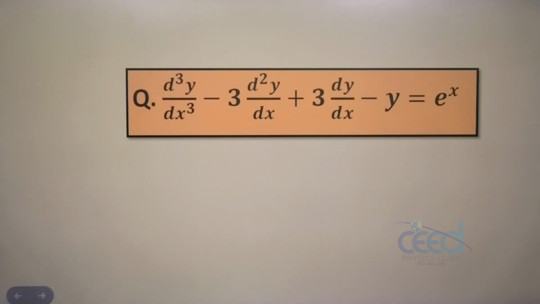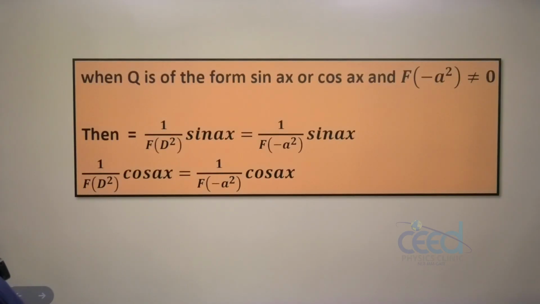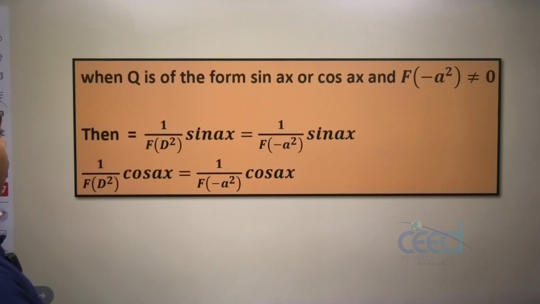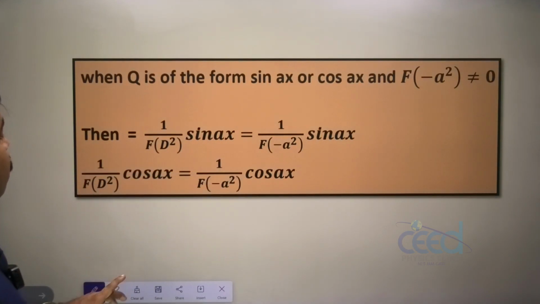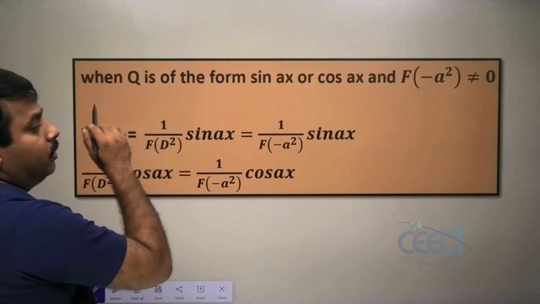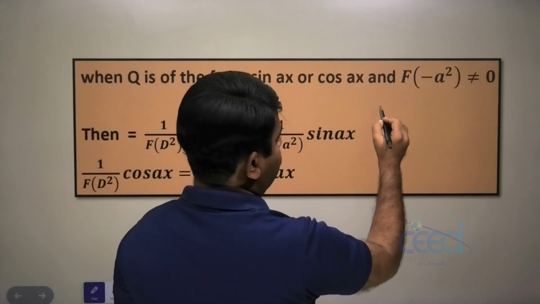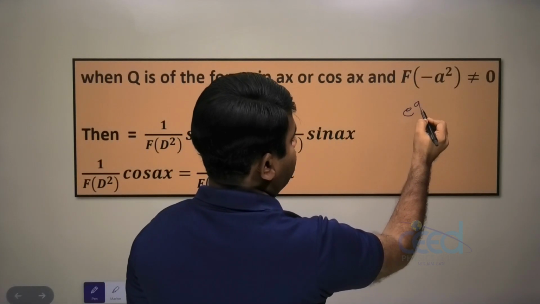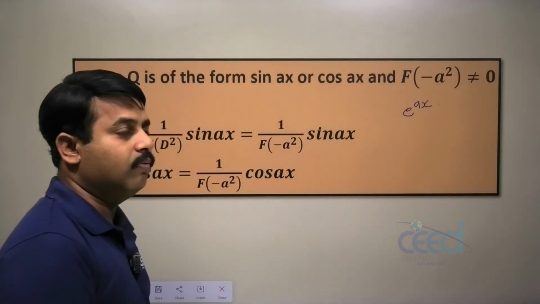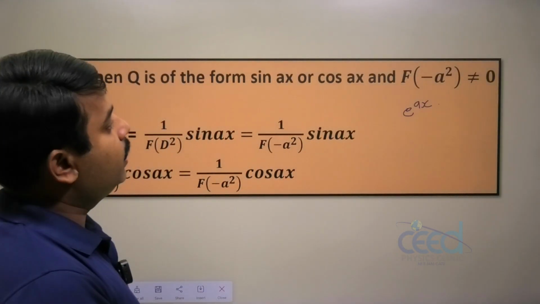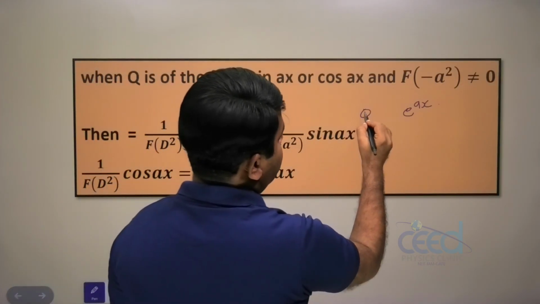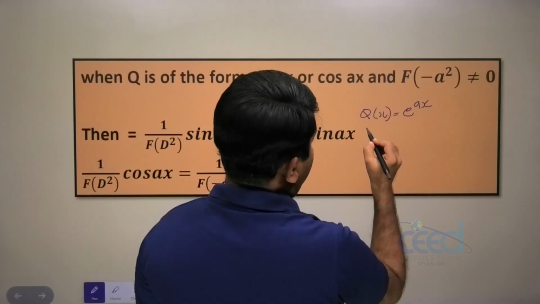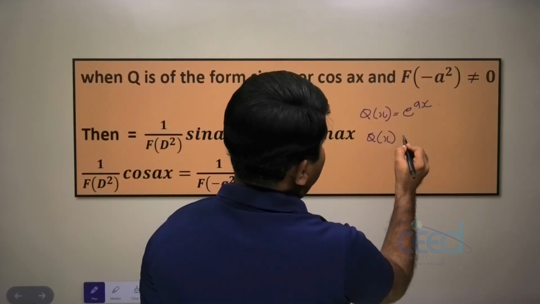Now let us go to another function. If the right hand side comes in e raised to ax format, what do we do?